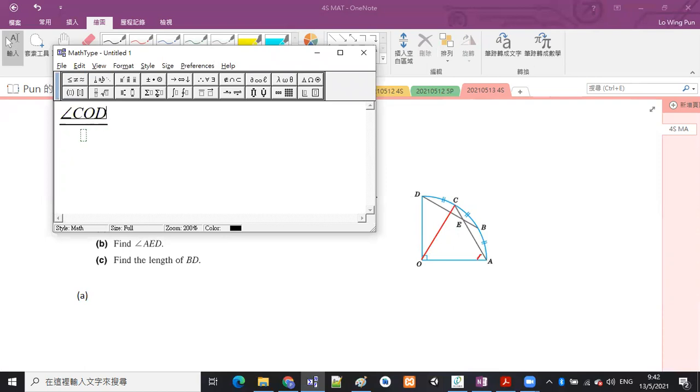Angle COD over angle AOC is equal to arc CD over arc AC. Okay. We don't have the two angles, right? But we have the ratio of the arcs being 1 over 2. Can you get this? So it should be equal to 1 over 2.